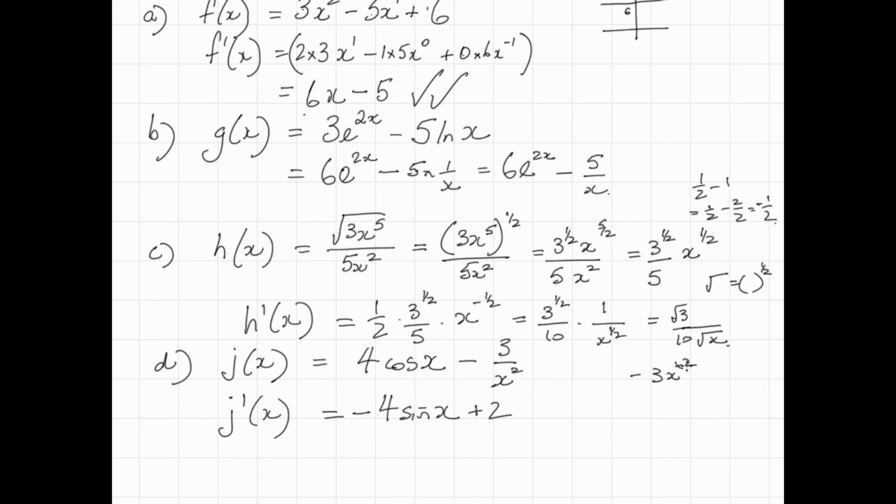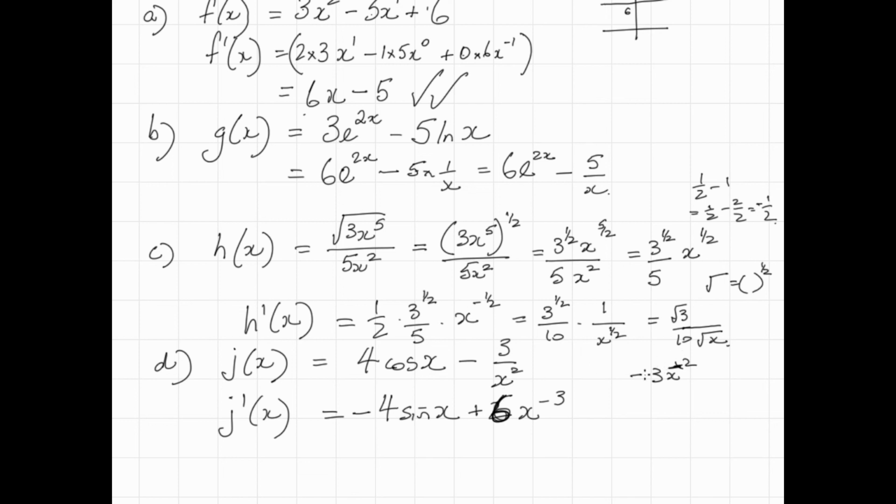Negative 2 times negative 3 is positive 6. And then x, take 1 off the power, so we've got minus 2 minus 1 is negative 3. So go through that again. The derivative of 4 cos is just negative 4 sine.